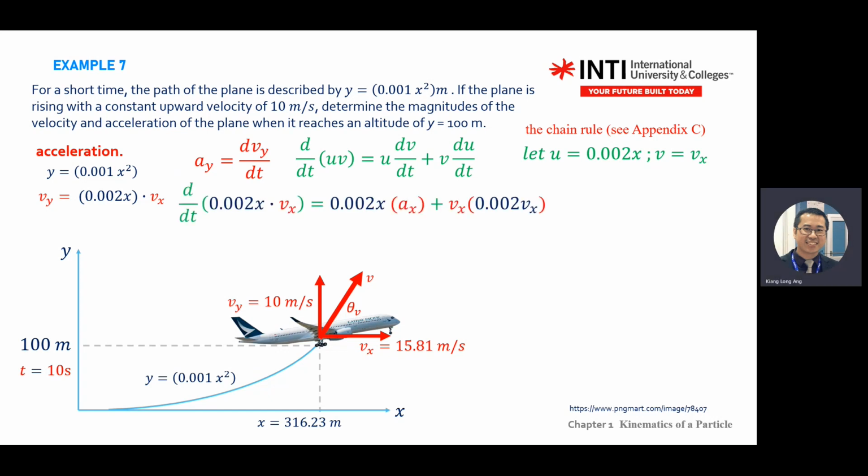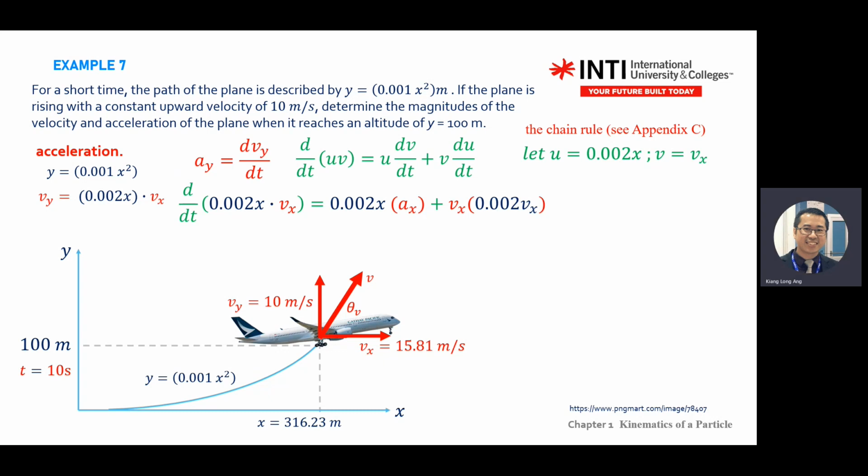Then you use the general equation. Stop me if I go very fast. So d/dt of uv, this is u, this is v. Then you follow the equation. V is the integration of this, dVx over dt, what you get? You get acceleration. Make sense? Then you do the same for the last part.